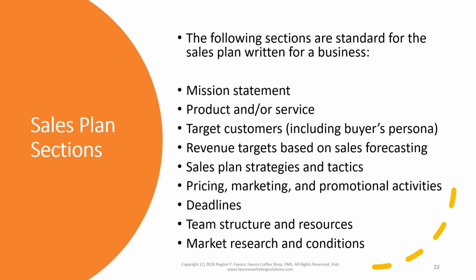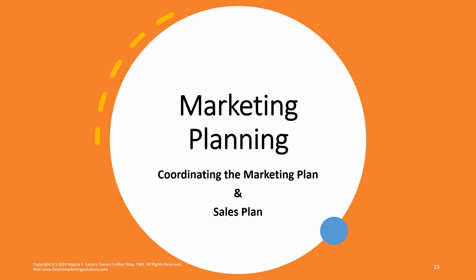So that's your buyer's persona, revenue targets based on sales forecasting, sales plan strategies and tactics, pricing, marketing, promotional activities, any deadlines, team structure and resources, market research and conditions. And so I go over the sales plan sections in this presentation. Marketing planning, coordinating the marketing plan and sales plan.